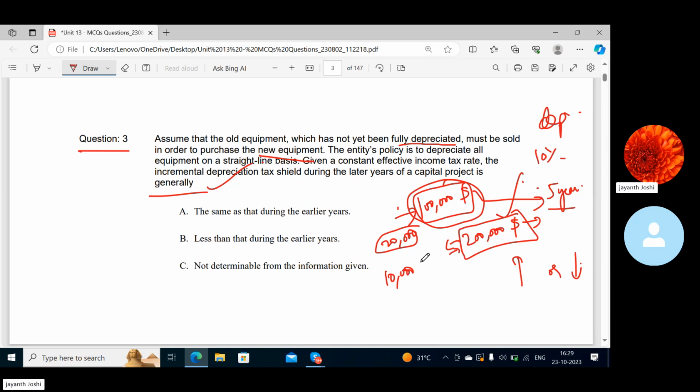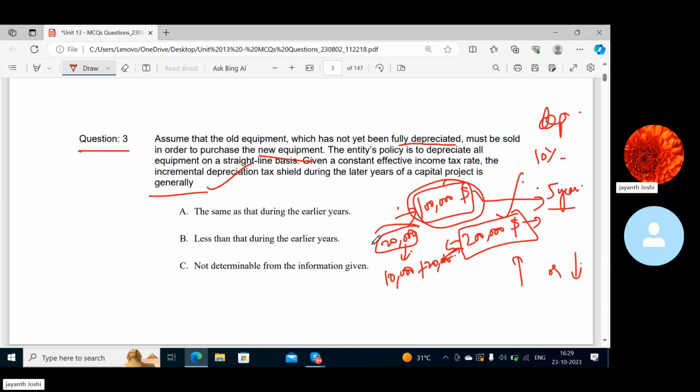So I will take at least 20. So some part of this would be there and some part of this would be there. See what happens.